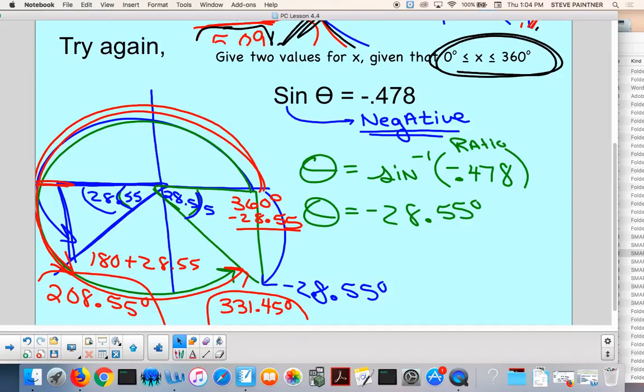Radius is always going to be what? 1. So you land right there, that's 1, 0. When you land right on the x axis, we go on sine. Sine is what? Y.